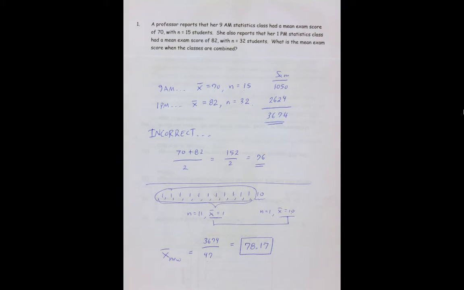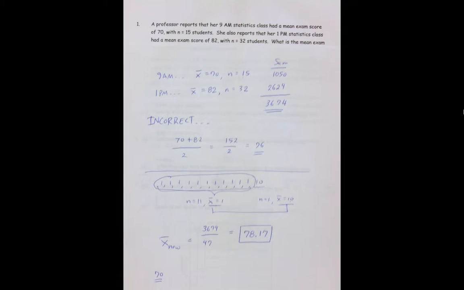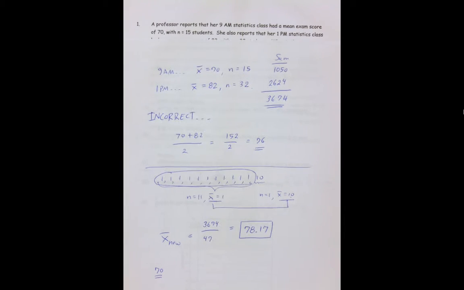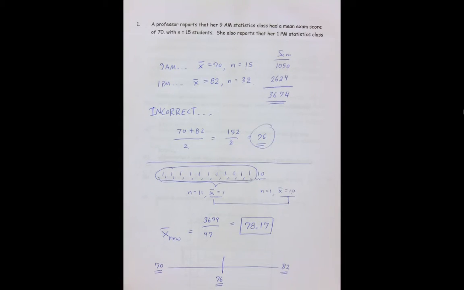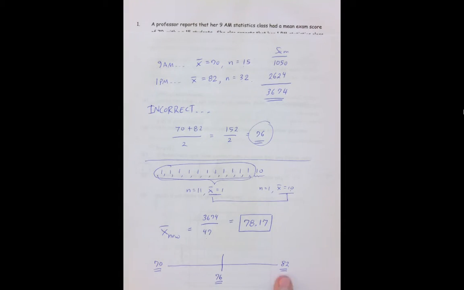Okay, easy stuff if you know what you're doing. So if you think about the mean of 70 for the 9 a.m. and the 82 for the 1 p.m., smack dab in the center of that is the 76. And that would be the mean if these two weighted equally.